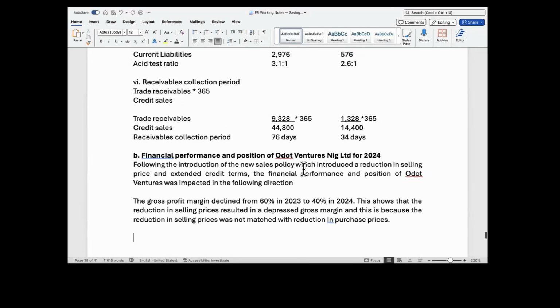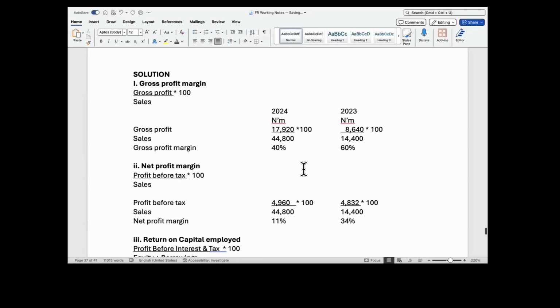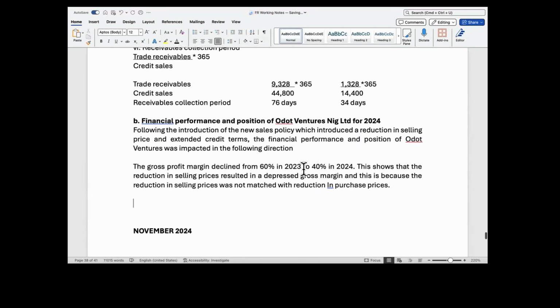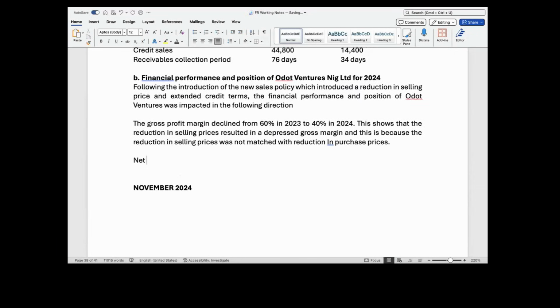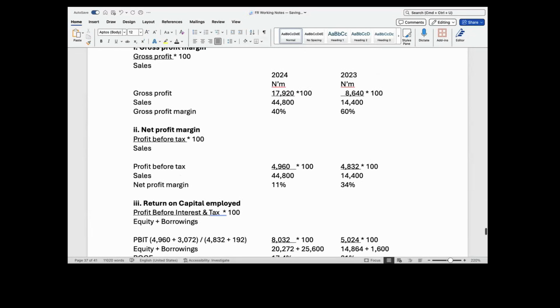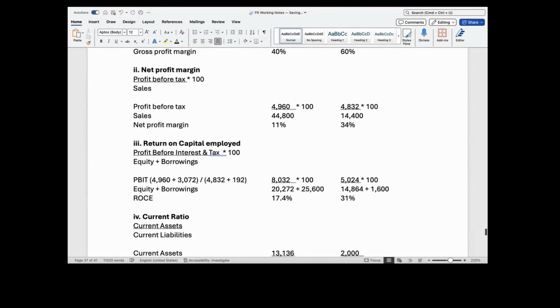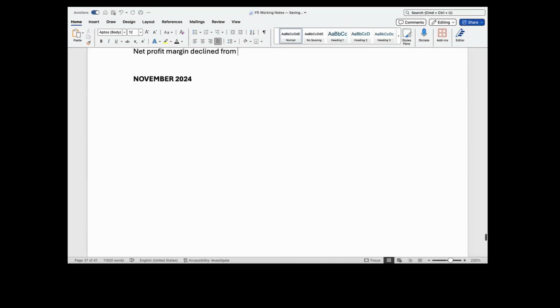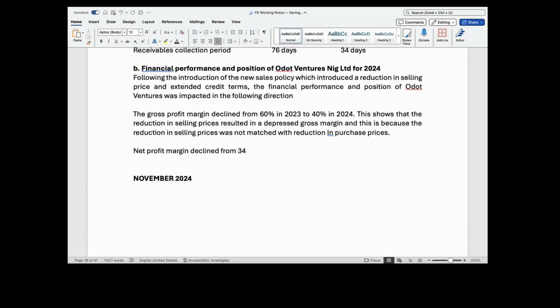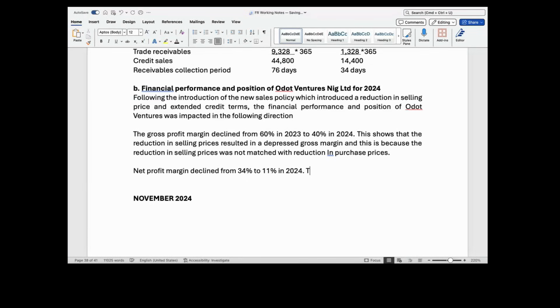So that's that one. The second one is the net profit margin. So net profit margin declined from 34% to 11% in 2024. So what is this showing?